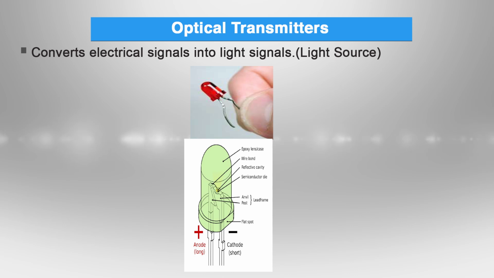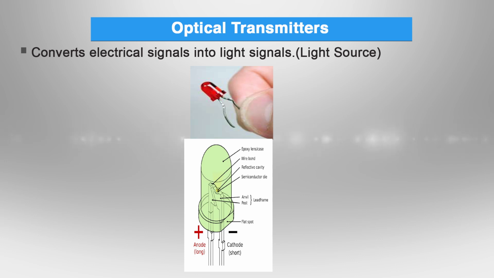External modulation: the light source operates continuously and the light is modulated externally using devices such as electro-optic modulators or acousto-optic modulators.